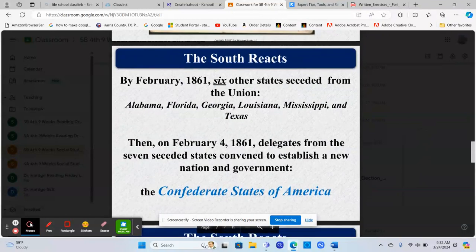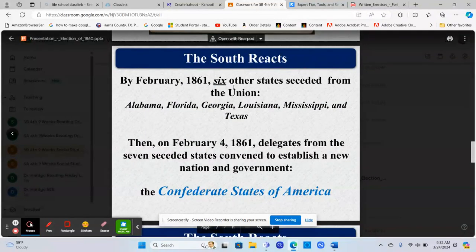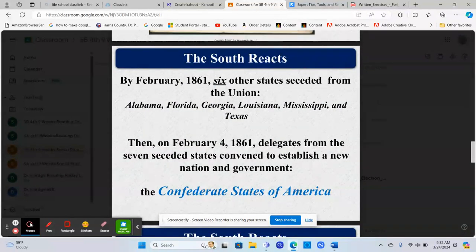By February 1861, six other states seceded from the Union: Alabama, Florida, Georgia, Louisiana, Mississippi, and Texas. Then on February 4th, 1861, delegates from the seven seceded states convened to establish a new union and government, the Confederate States of America.